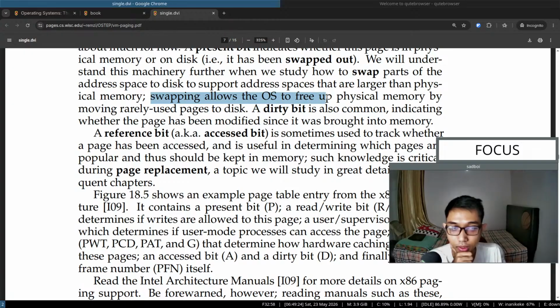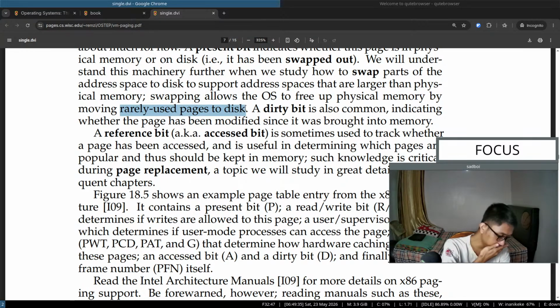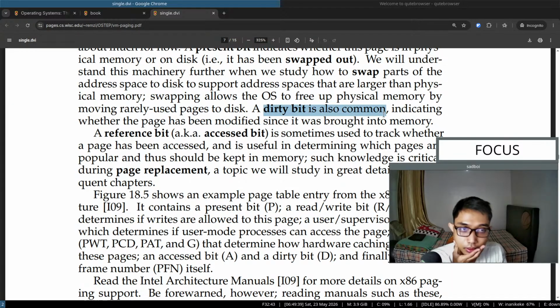Swapping allows the operating system to free up physical memory by moving rarely used bits to disk. A dirty bit is also common, indicating whether the bit has been modified since it was brought into memory.